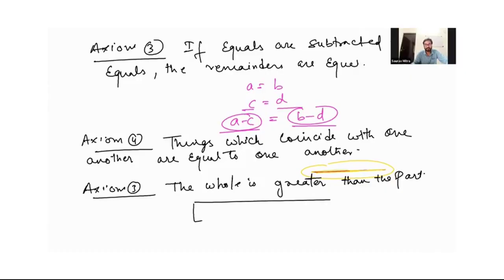So if I say this is a complete picture, the whole thing, and if I draw it divided into 1, 2, 3, 4 parts, and I say this is my fourth part, so your complete figure is always greater than each individual part. This is what this axiom 5 is saying. Okay. Next, axiom 6.